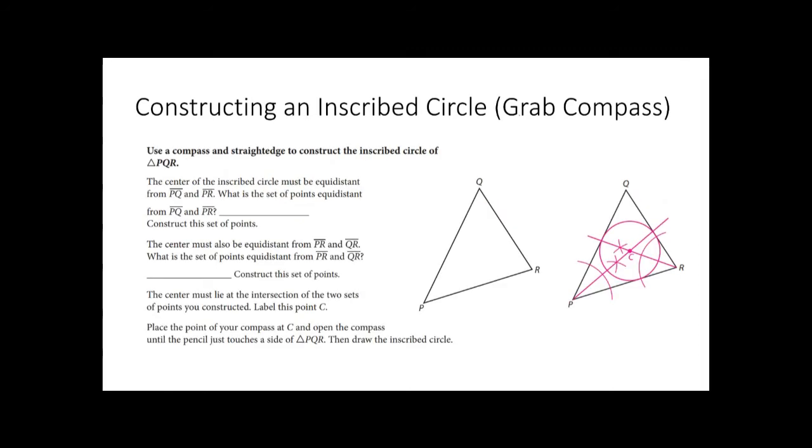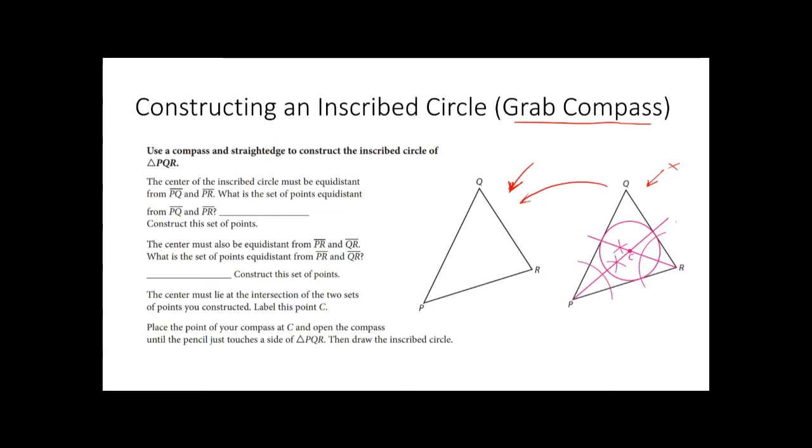All right, so constructing an inscribed circle, definitely grab your compass. So you're going to need this. Use a compass and a straight edge to construct the inscribed circle of triangle PQR. Now, you're only going to have this part of the cutout. This one right here, that's the one that you create from this one.